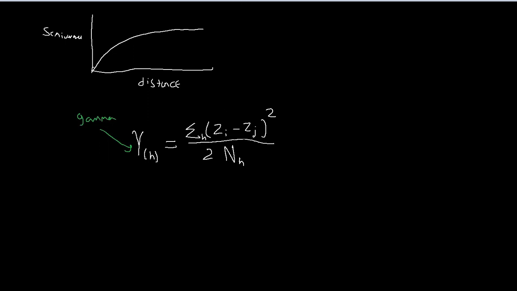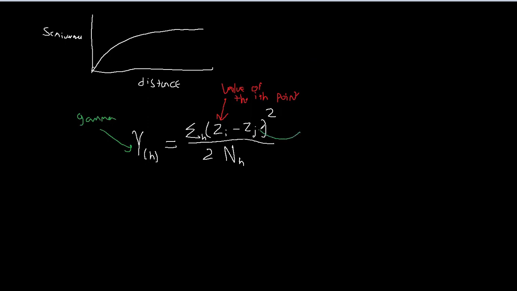Let's go ahead and break down what we're actually looking at here. Let's start with the terms. Zi is the value of the ith point. We've seen this before.